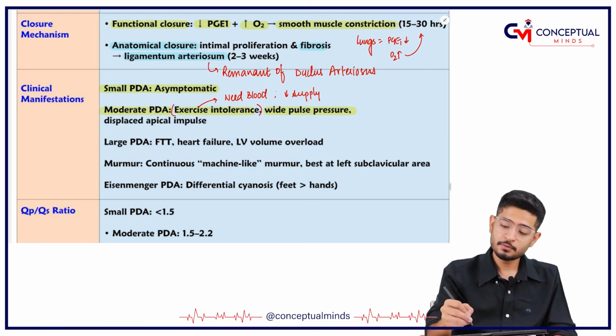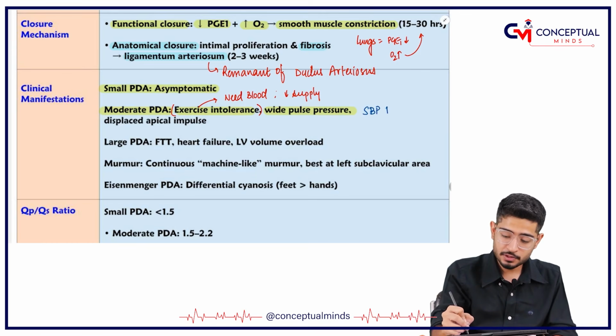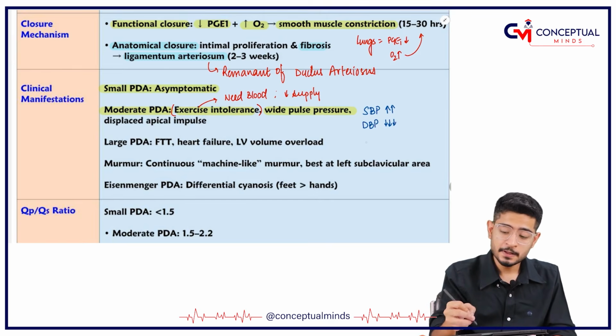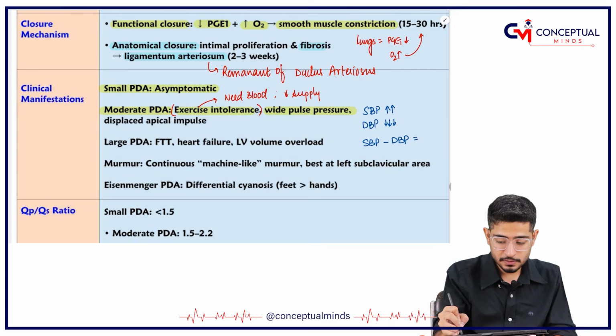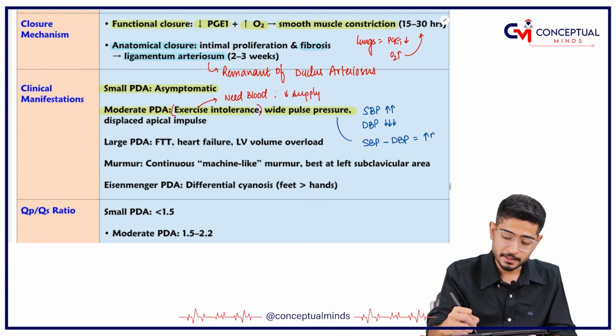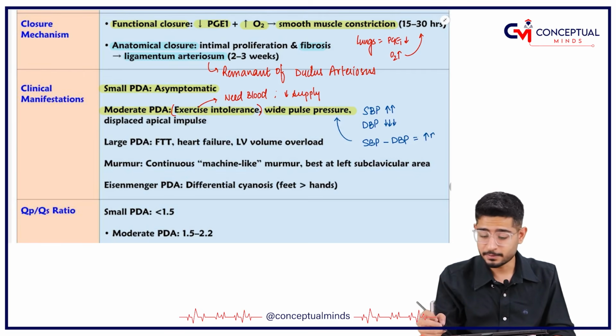So the systolic blood pressure is going to increase and the diastolic blood pressure is going to decrease because the vascular resistance is low. That's why systolic minus diastolic blood pressure is very high, and this is called a wide pulse pressure.